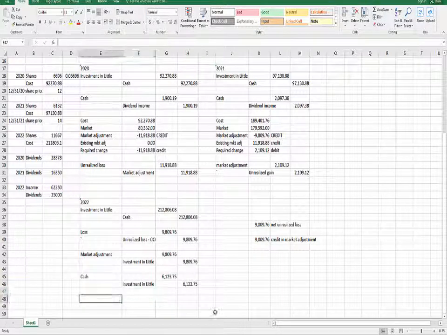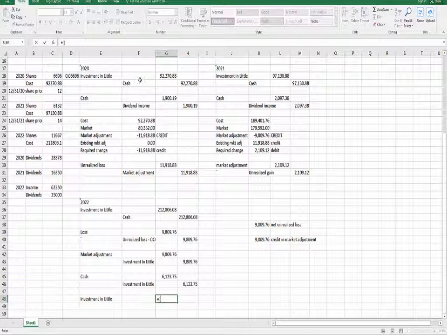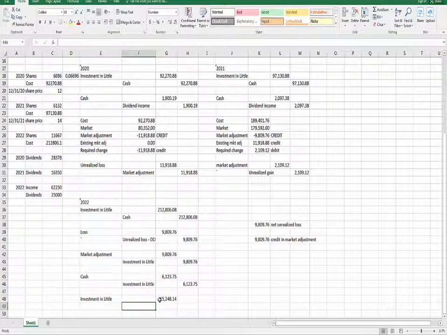And the same thing with our investment income. We own that plus that plus that, or about that percentage of the company's stock. So we're going to get that percentage or that share of the company's 2022 income.